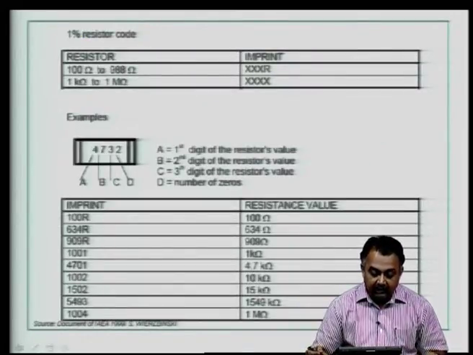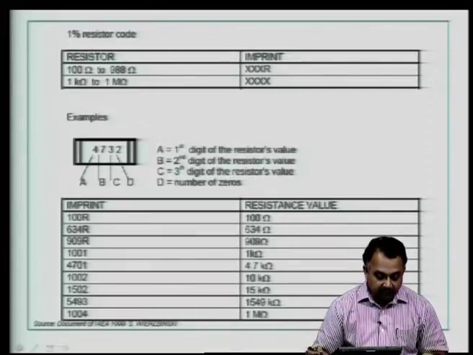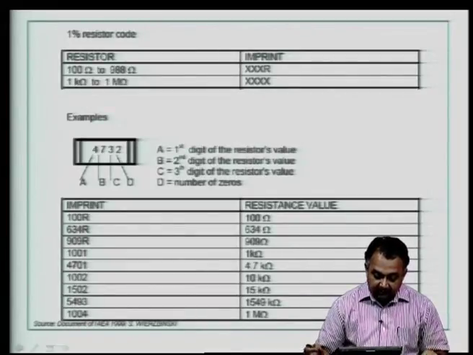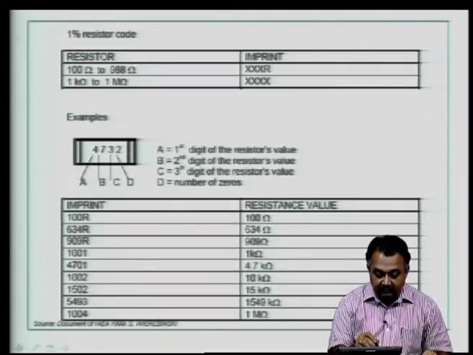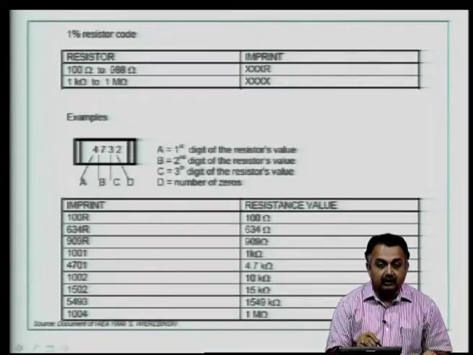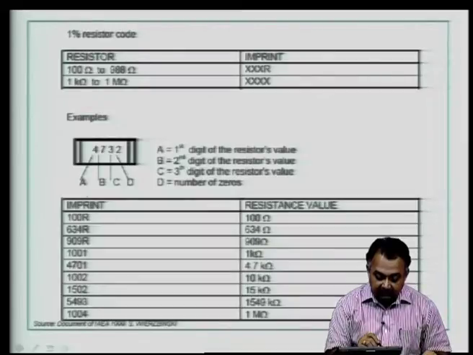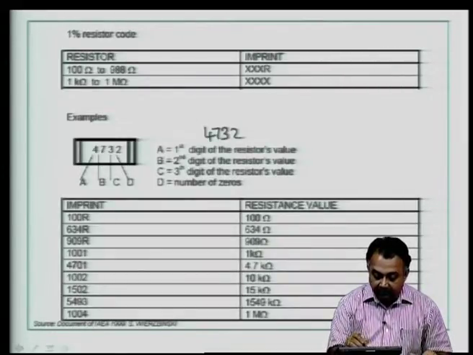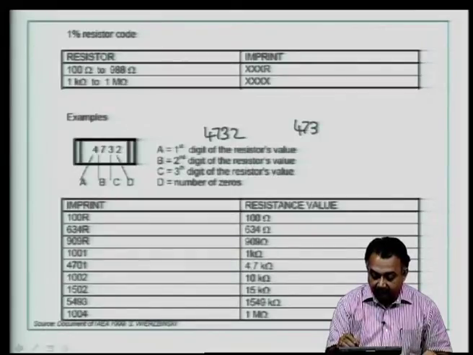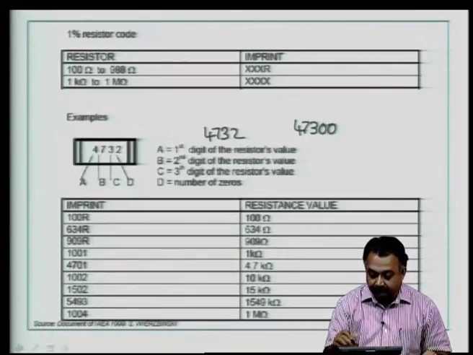Similarly, you can have the values denoted for a 1% resistor. If you have 4732, because it is a 1% resistor, you have one more digit added to the marking. So, 4732 would mean 473 followed by 2 zeros.